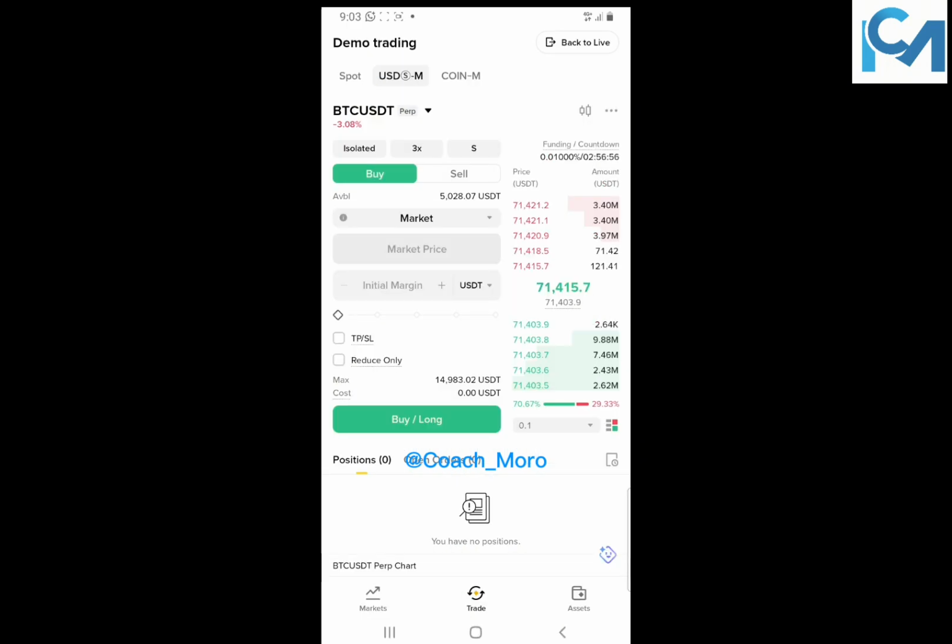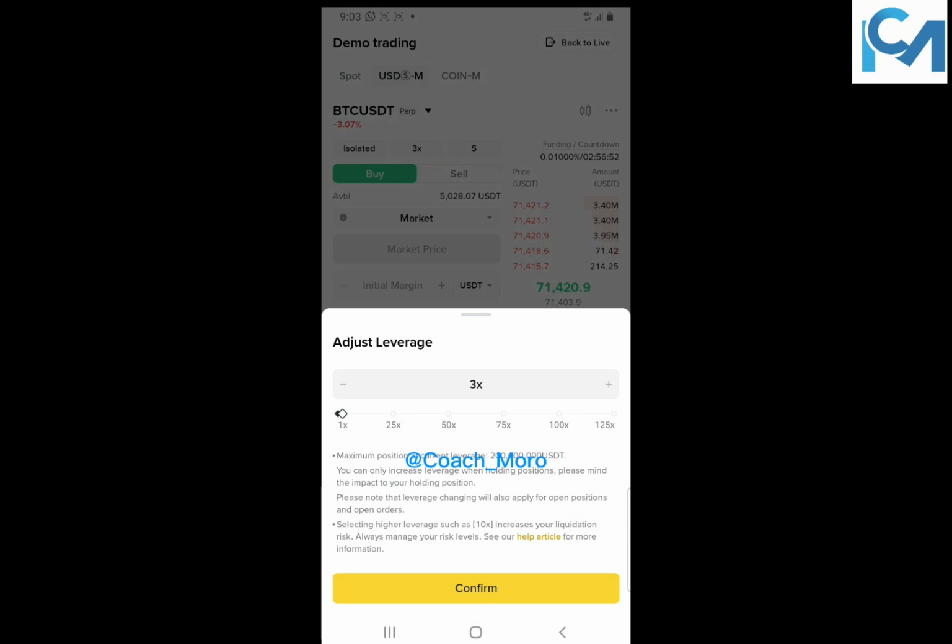So we have something called leverage. Increasing your leverage means you are increasing the capital you are trying to trade with, and whilst increasing your capital you are also increasing the potential risk of losing your capital.